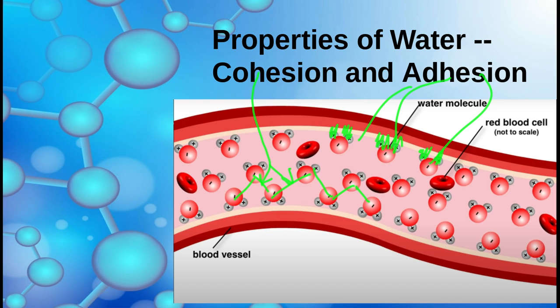Water sticking to the sides of a blood vessel. And that's all really important to keeping the blood flowing through our bodies. But also, if you think about plants, like water moving up a tree works by water sticking to water, but also water sticking to the side of the inside of the tree in the xylem so it doesn't fall back down. That's a better example.